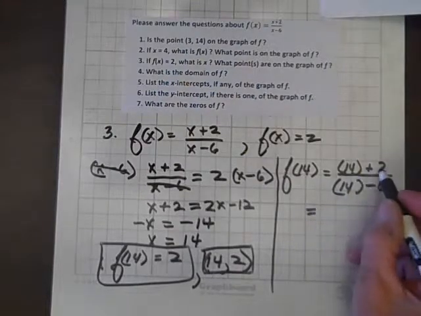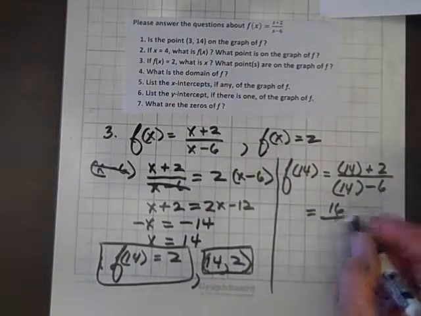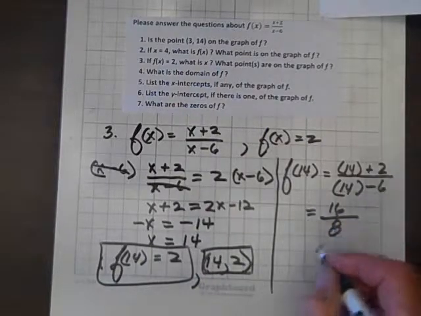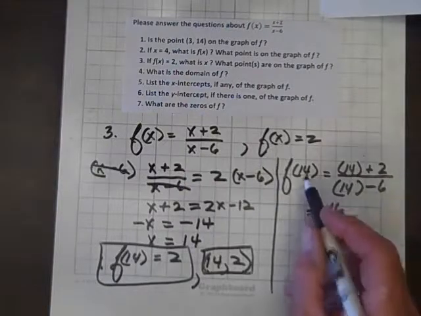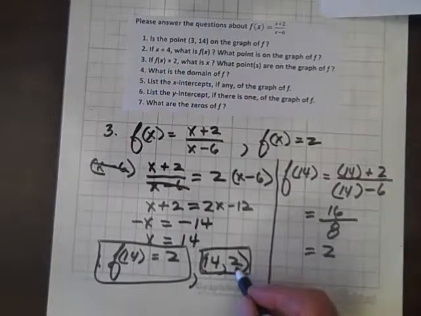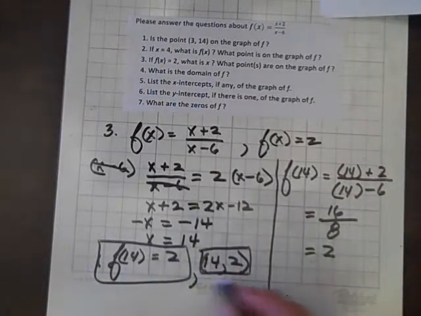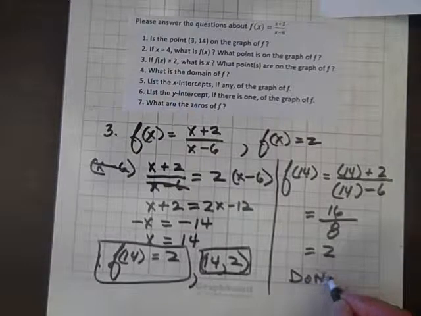And so 14 plus 2 is 16. 14 minus 6 is 8, and that reduces to 2, which indicates when x is 14, f of 14 is 2. And we're done with question 3.